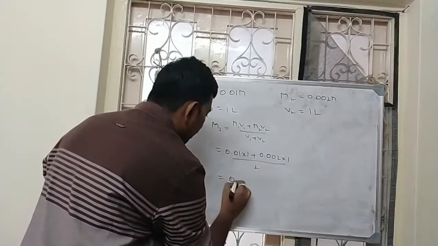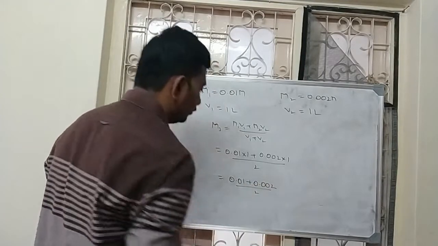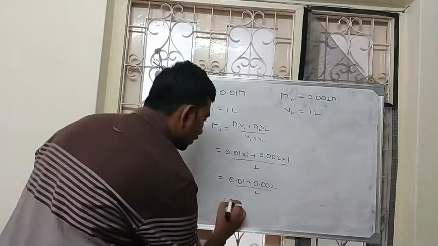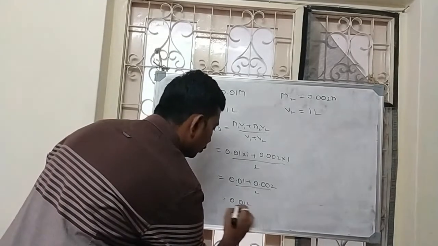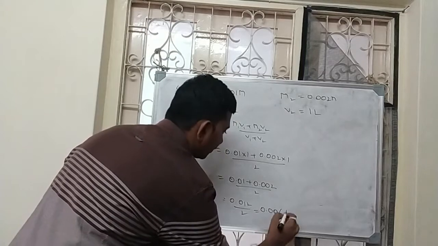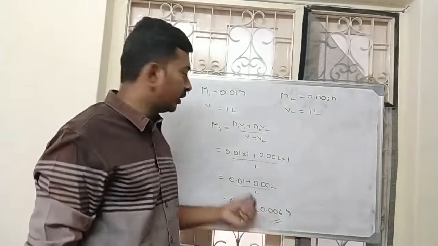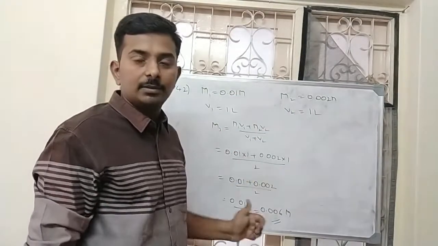So this value will be 0.01 plus 0.002 by 2. So what will be this value? 0.012 by 2, that is 0.006. So this is the resulting concentration of the solution when these two are mixed.